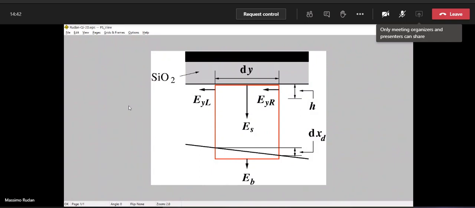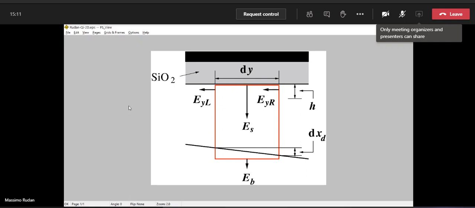Okay, so this is a zoom into the elementary strip in which we have on top the black portion of the figure is the gate metal. The gray part is the gate oxide.